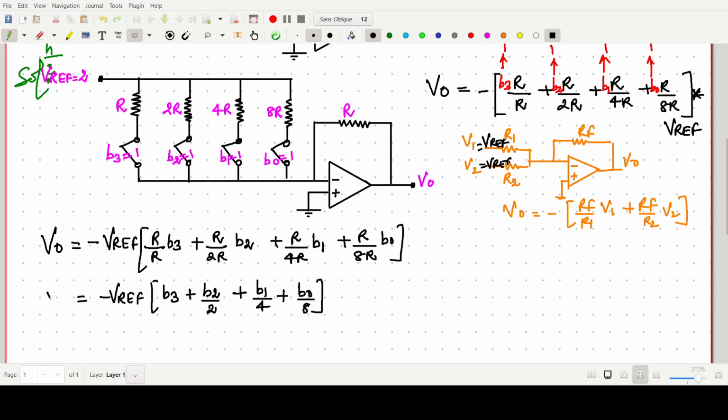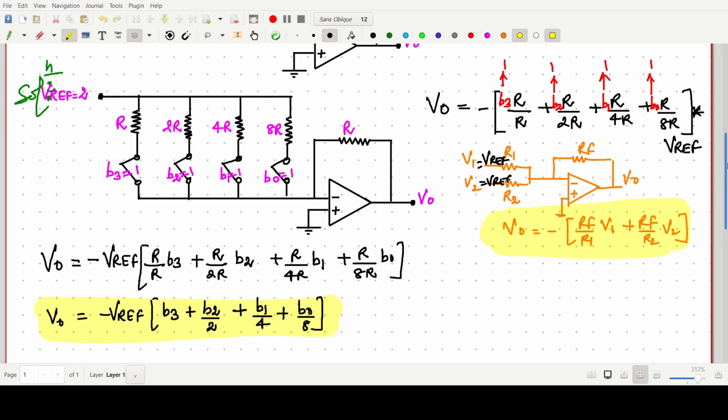Clear. So this is the equation that we have developed, and it is the simple summing amplifier that we know. Here also we have written the same expression with V ref. So the expression is now clear.